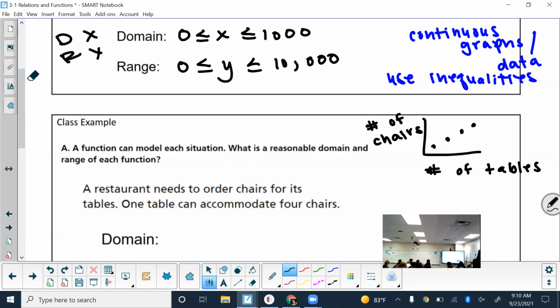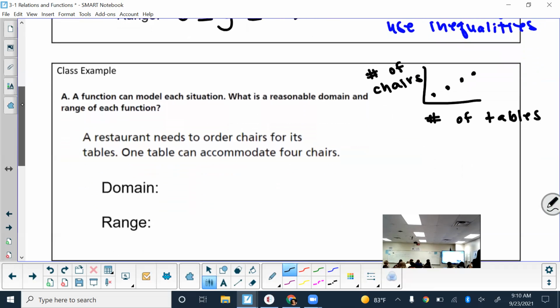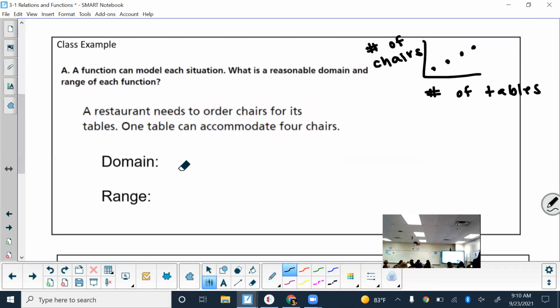All right, so then for our domain, since it's discrete data, it's more like a list, or it can be like a description. So discrete data, I'm just going to say, does not use inequalities.